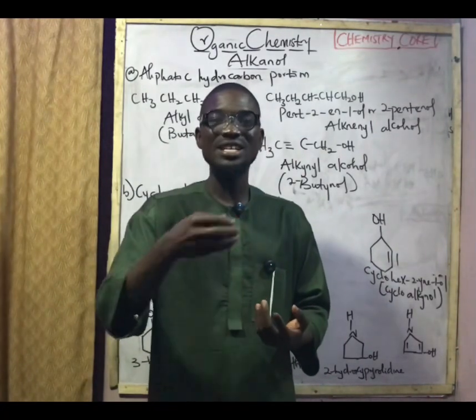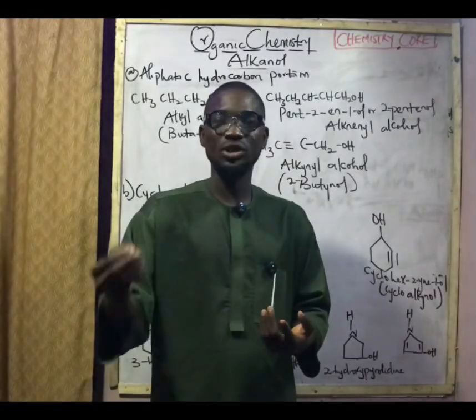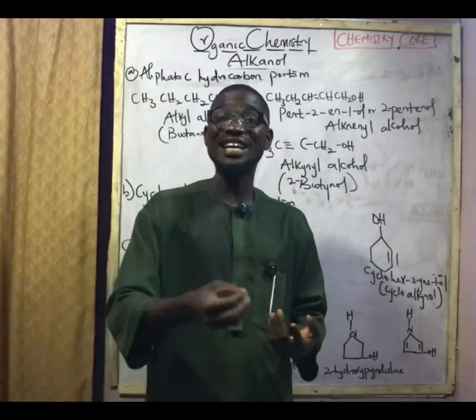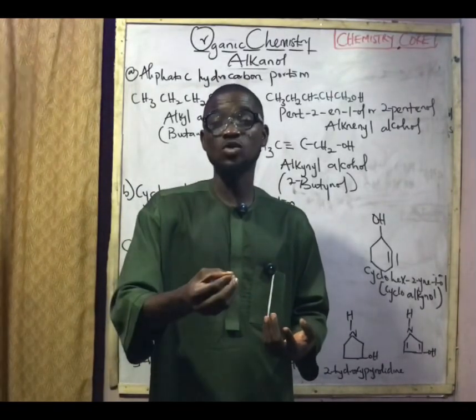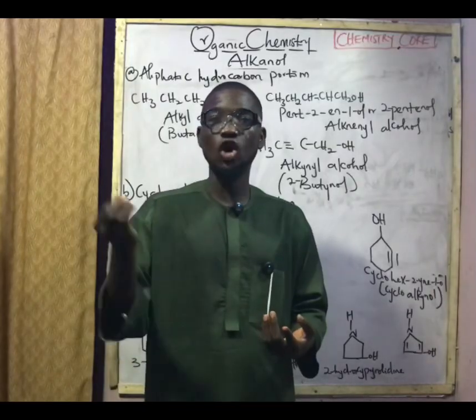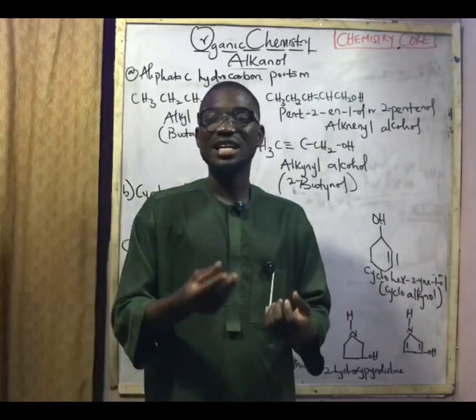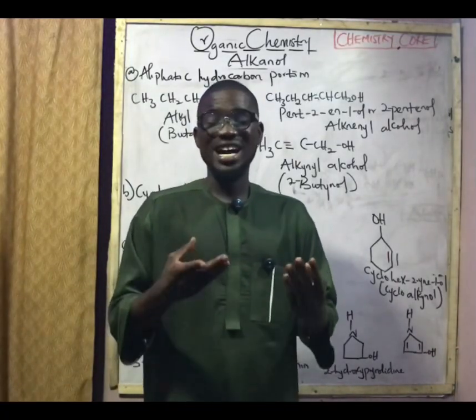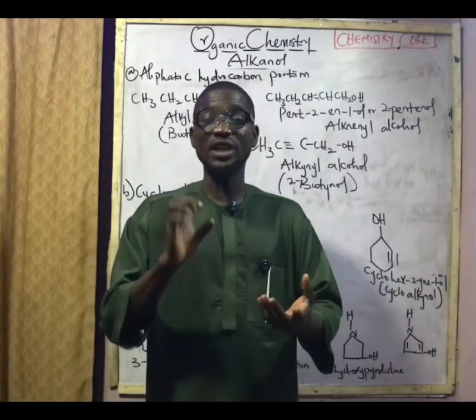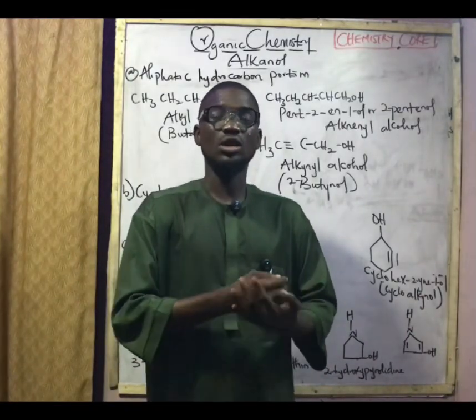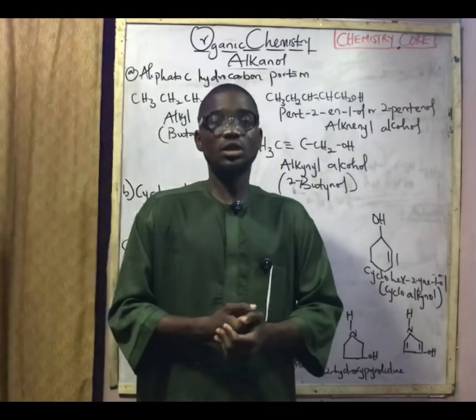The first one is aliphatic hydrocarbon portion, the second one is cyclic hydrocarbon portion, while the last one is heterocyclic or unsaturated hydrocarbon portion. And I gave the example of each of the classification of the alcohol or the alkanol.